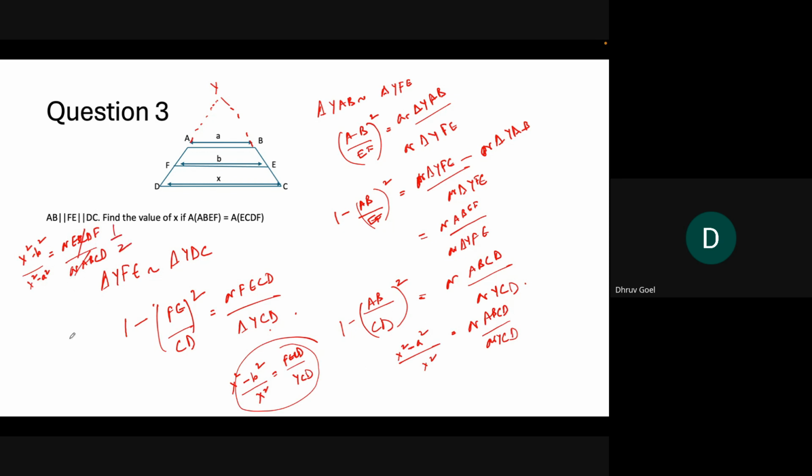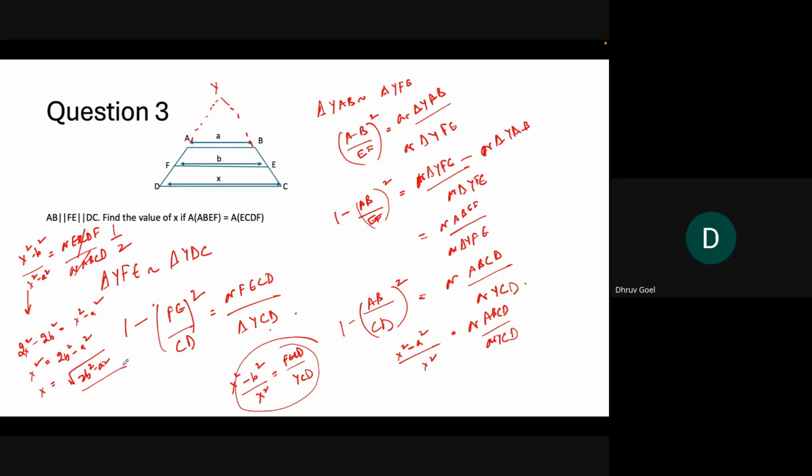If I try to solve this, I'll get twice of x square minus twice of b square is equal to x square minus a square. Solving it, x square becomes 2b square minus a square, and x becomes the square root of 2b square minus a square.